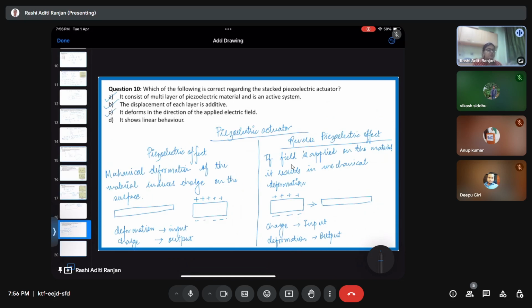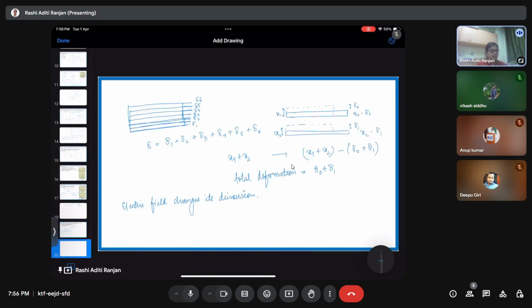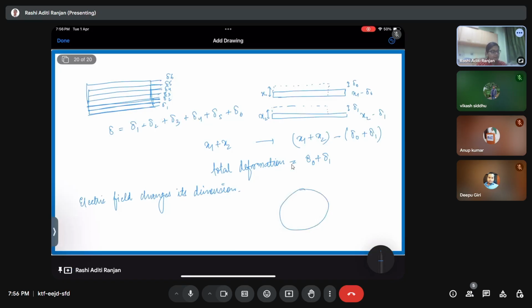And the fourth is it shows linear behavior. No, it is not going to show a linear behavior. Or else we cannot even say whether it is going to show linear behavior or not. If I consider just a very small deformation, then we can say that it is linear, because if I take a very small part of a circle, it will appear as a straight line to me, right?